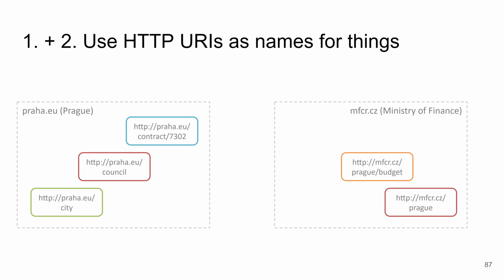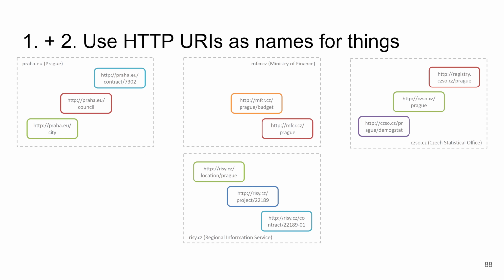Now, other publishers will do the same. So the Ministry of Finance here also has some data about Prague and some other entities, so they will also assign HTTP URIs to their data items. And the other publishers will do the same.